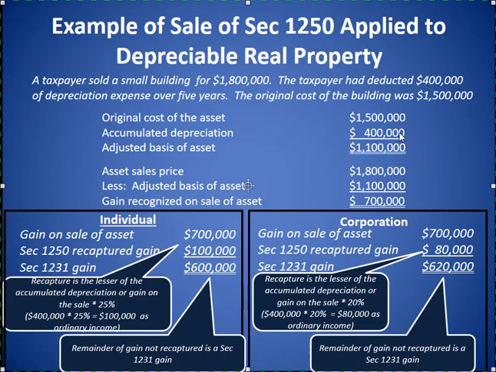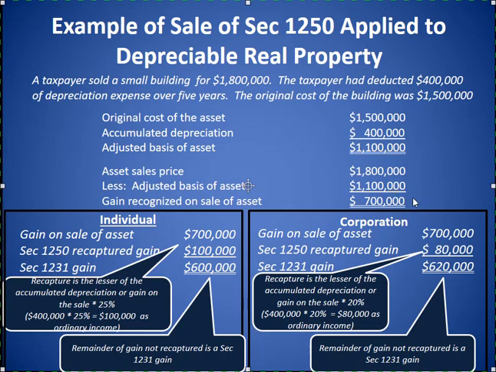We subtract out our accumulated depreciation for those 5 years, so the adjusted basis of the asset now is $1,100,000. We sold that asset for $1,800,000. We subtract out the adjusted basis of the asset we just calculated, and the gain recognized on the sale of the asset would be $700,000.